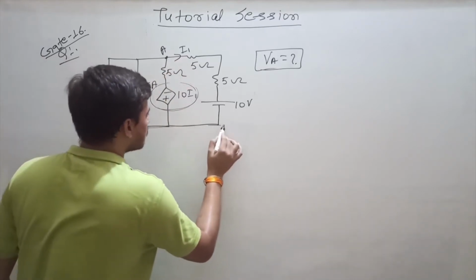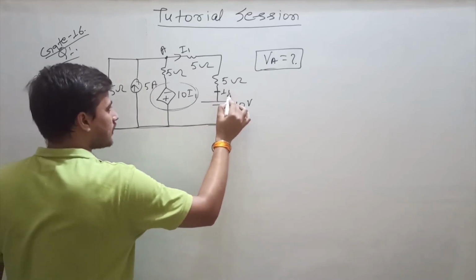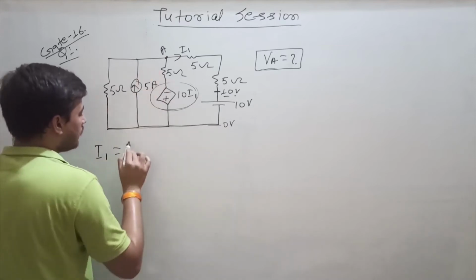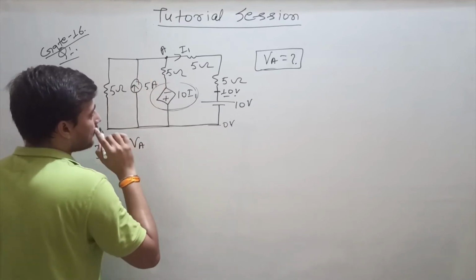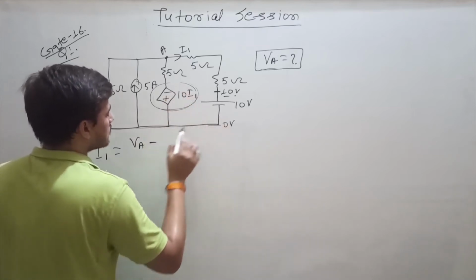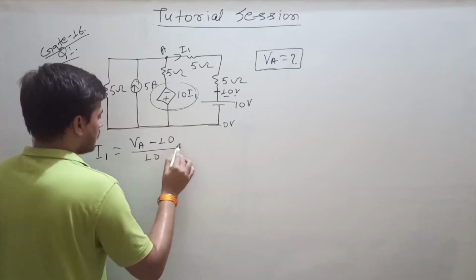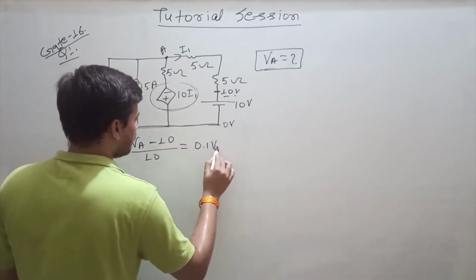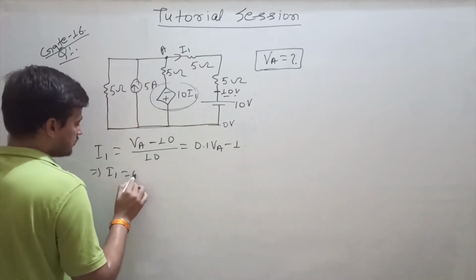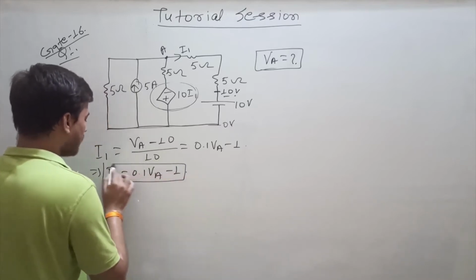This potential is 0 volt and the potential of this point is 10 volt, so I1 will be equal to VA minus 10 divided by 10. That means 0.1 VA minus 1. So from here I1 is equal to 0.1 VA minus 1. We got the value of I1.